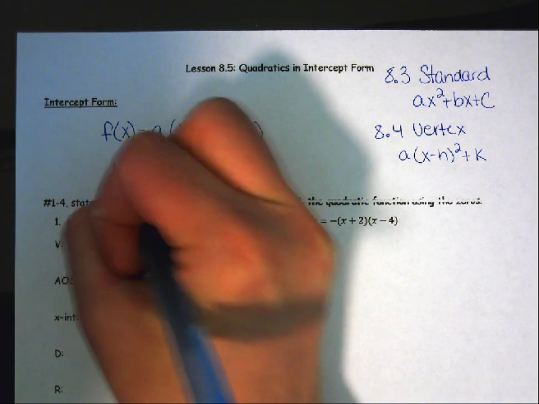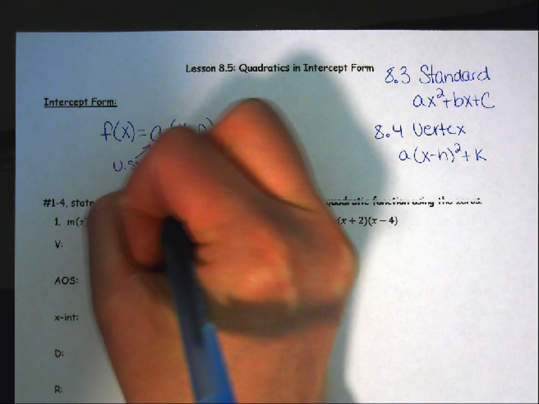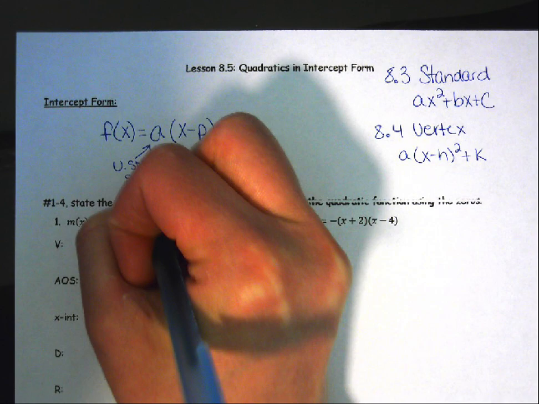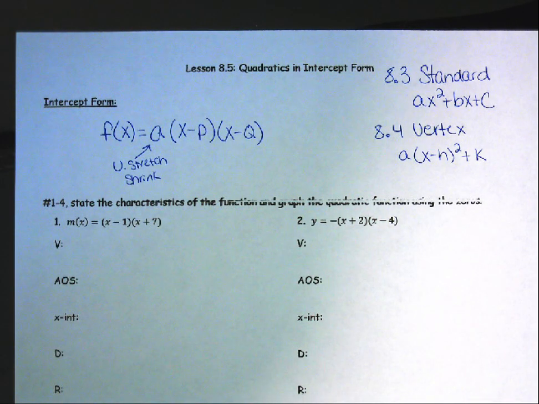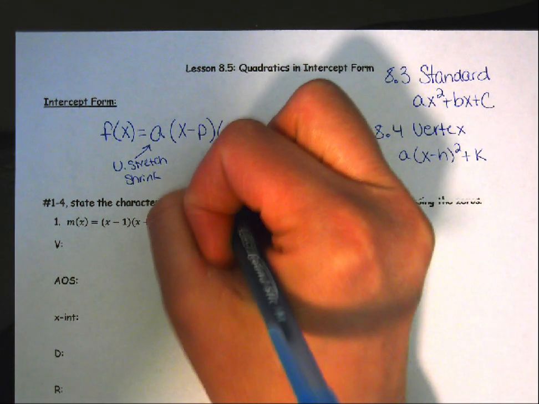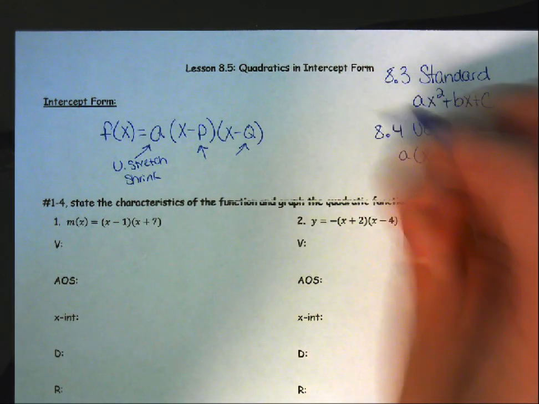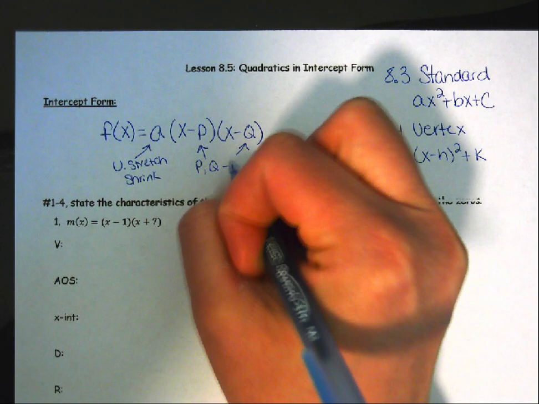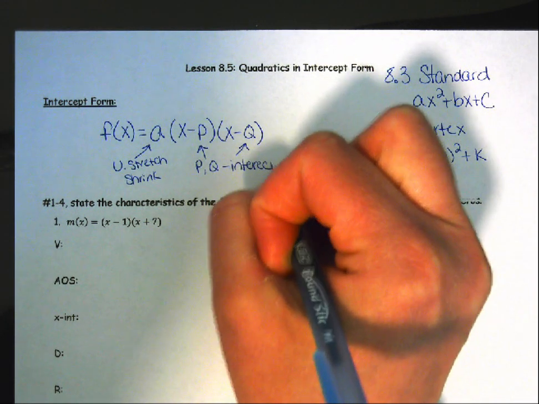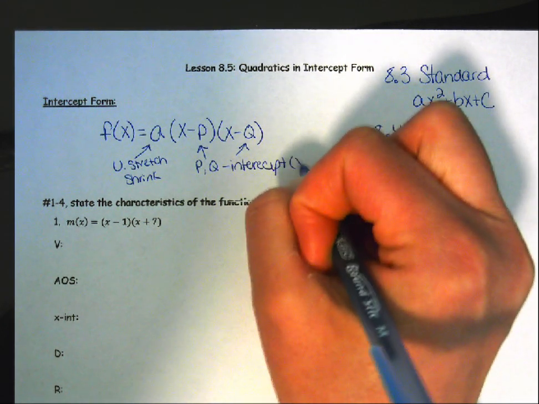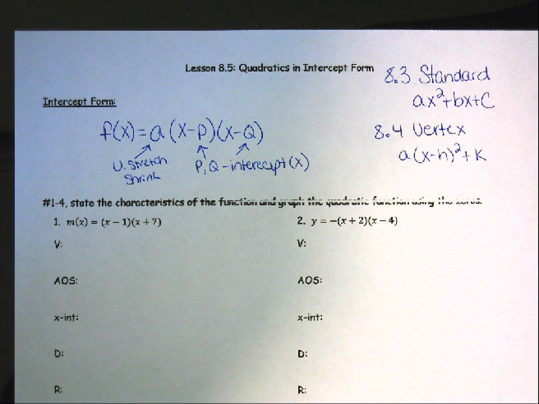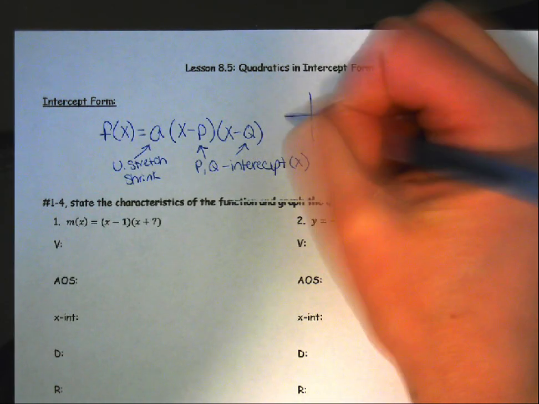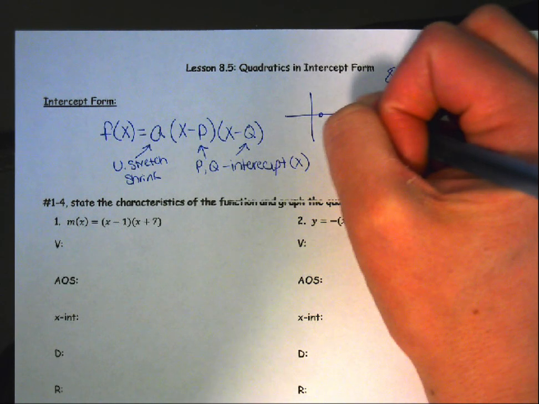So this is still going to be our normal vertical stretch, shrink, reflection. That's your typical. But now we've got this p and q. These p and q represent your intercepts. Actually, let me say your x-intercepts, okay? So what that actually looks like is where it crosses the graph.